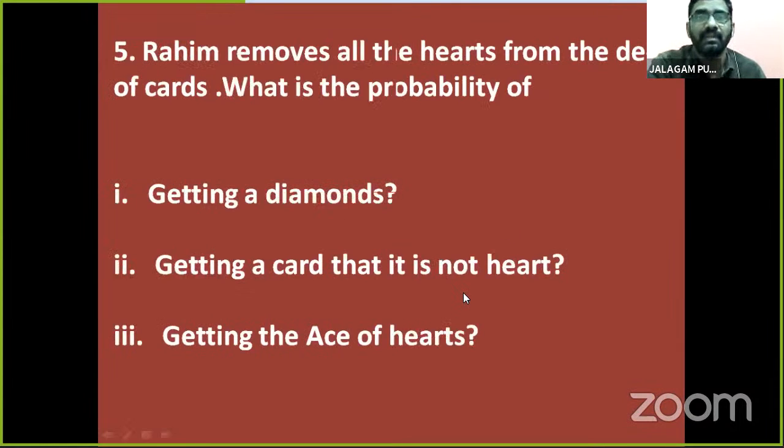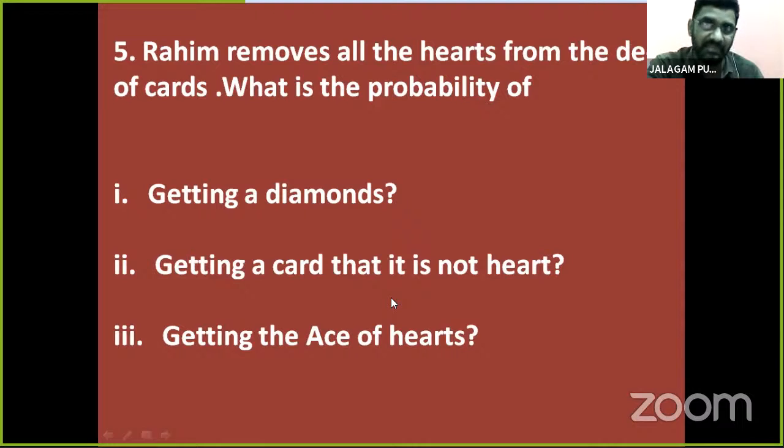Okay, children. Now, here, the fifth one. Rahim removes all the hearts from the deck of cards. What is the probability? So here, the first one is getting a diamond. Second, getting a card that is not a heart. Third one, getting the ace of hearts.